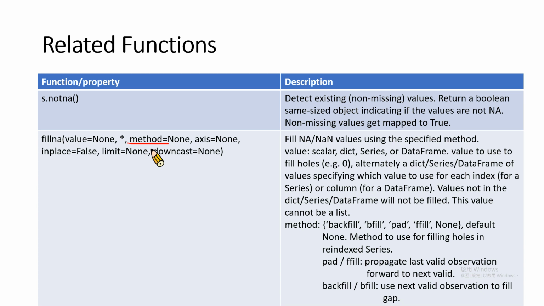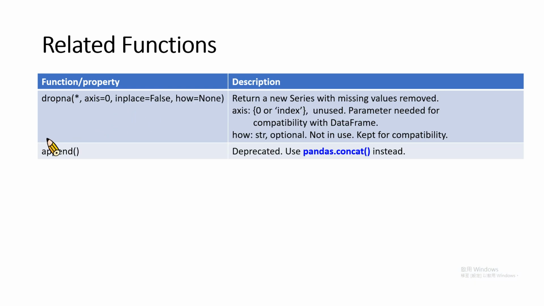So it's very useful. And dropna is if you want to delete the NA values. So dropna will return a new series with the missing values deleted.